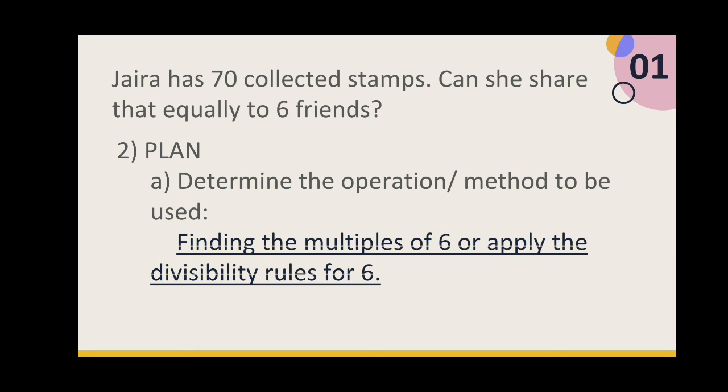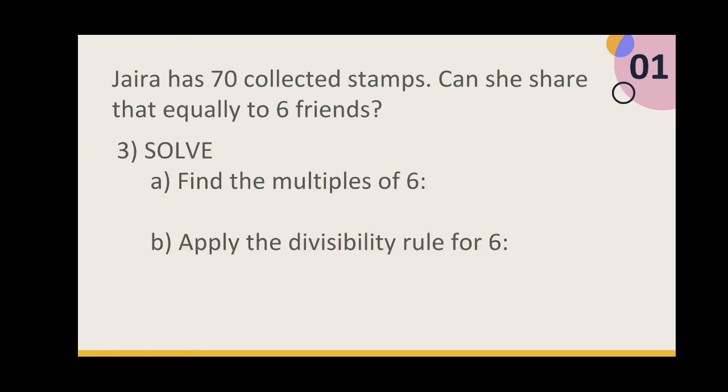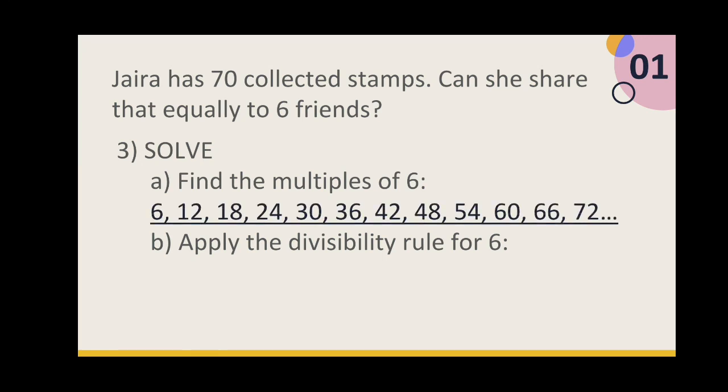Either of the two will give us the answer. For step 3, we have 2 options. First, find the multiples of 6. The multiples of 6 are, from 6 up to 72 only for our given, since there are so many multiples. As you can see, there is no 70 in the multiples of 6.